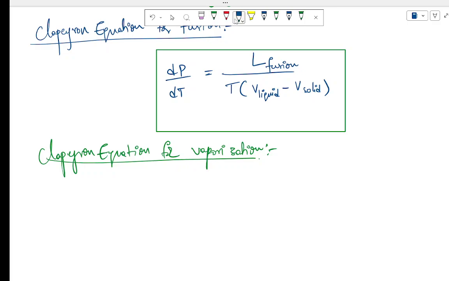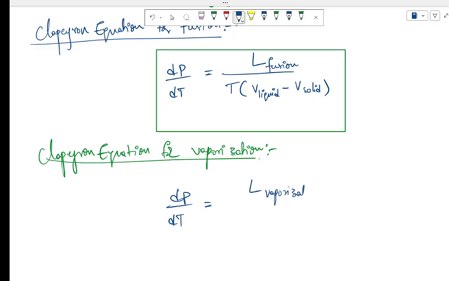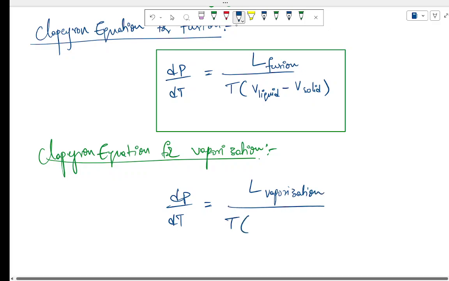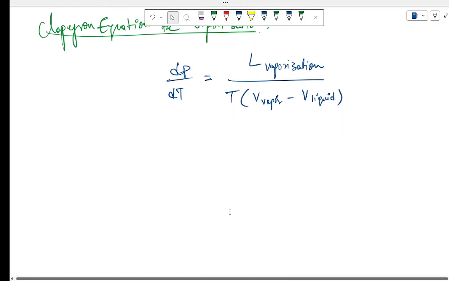This expression will now turn out to be dP by dT equal to, in place of L fusion you will have latent heat of vaporization by the temperature into the volume of vapor minus volume of liquid state. So that's the Clapeyron equation for your vaporization.